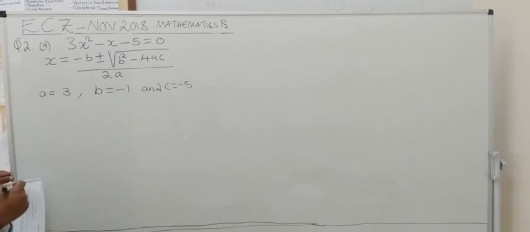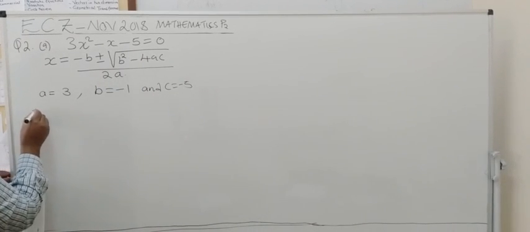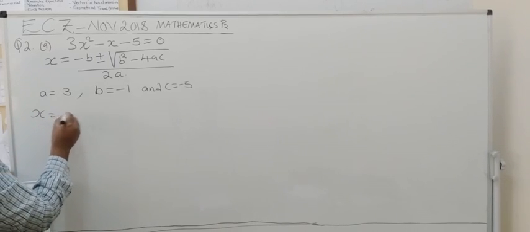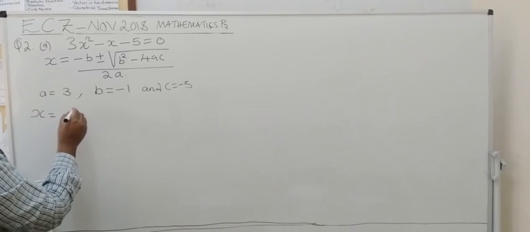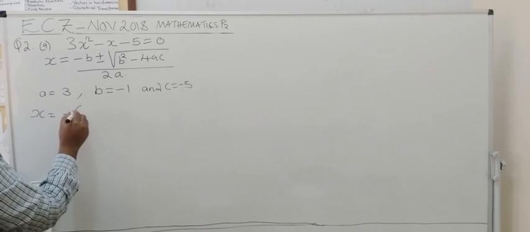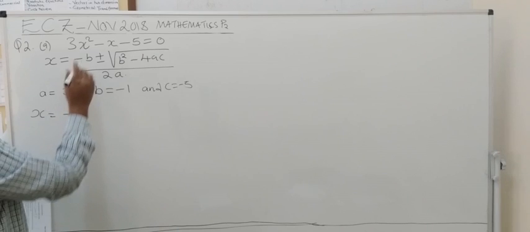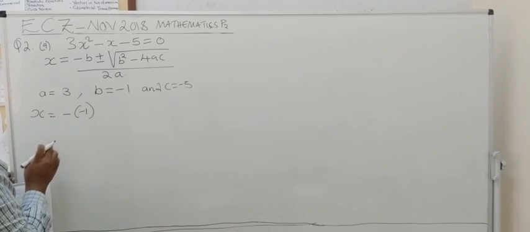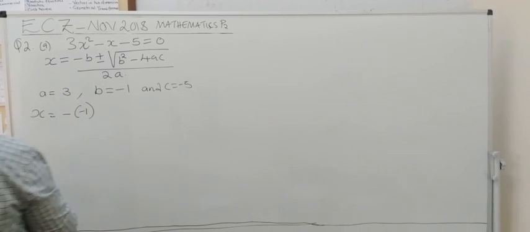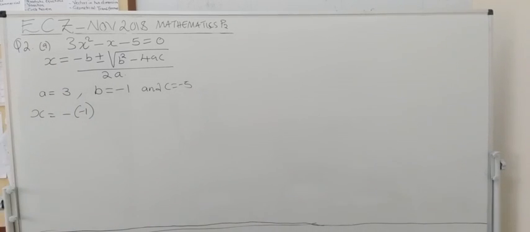Then we substitute. Alright? So x is equal to negative b, which in this case b is negative 1. So negative negative is positive.